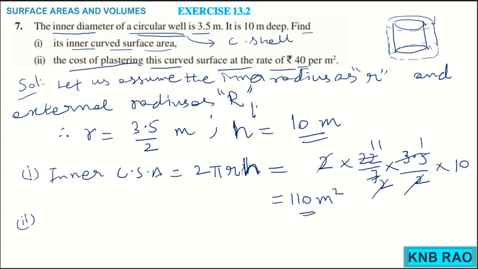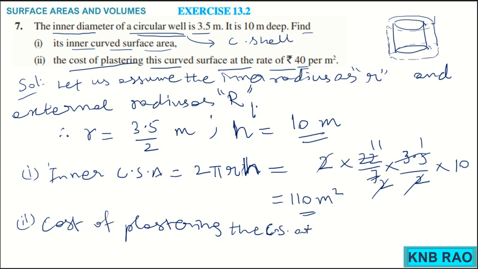See children, here the cost of plastering the curved surface at the rate of rupees 40 per meter square will be 110 into rupees 40.